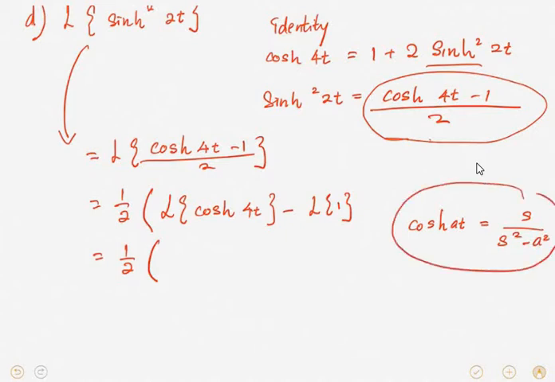We follow this table of Laplace transform, and we can get s over s squared minus a squared. a is 4, so a squared is 16, minus 1 over s. Okay, that's it.